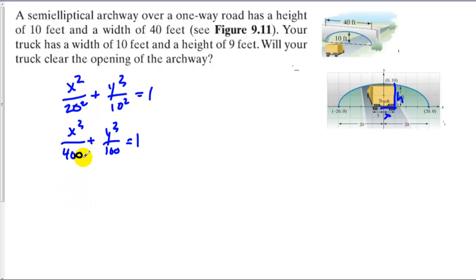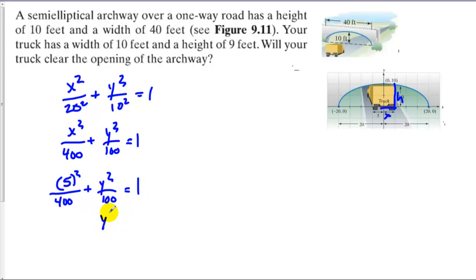I know that in this case, I'm trying to find my y value at 5 out for my tunnel. So I'm going to move 5 on my horizontal direction, which gets me an x value of 5 squared over 400 plus y squared over 100 is equal to 1.